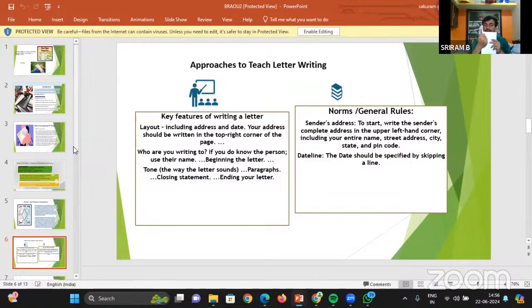And whom you are writing to, suppose to the principal or to the manager. Then again, your name and from which place you are writing, then the subject. Tomorrow I'll prepare a letter format for you, and I'll explain so you can understand it better.